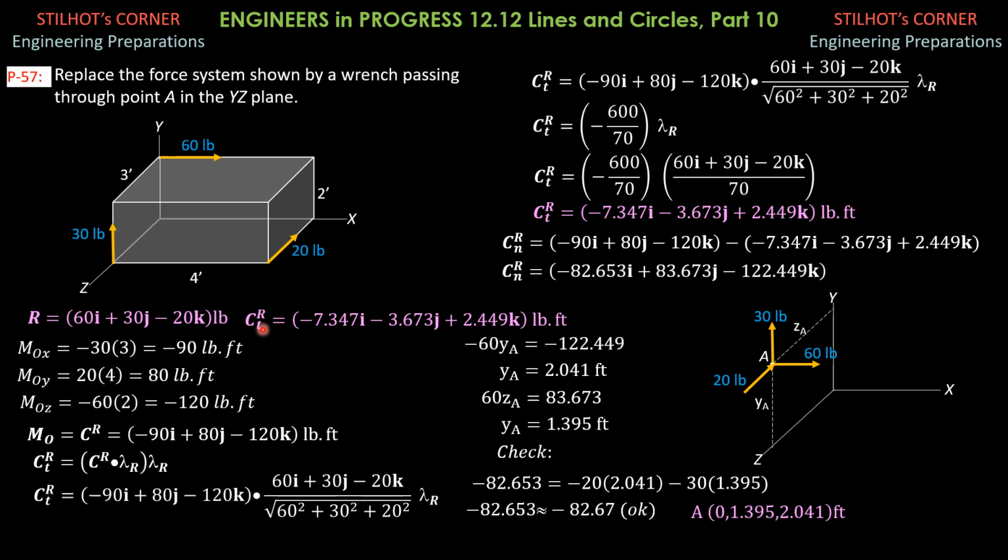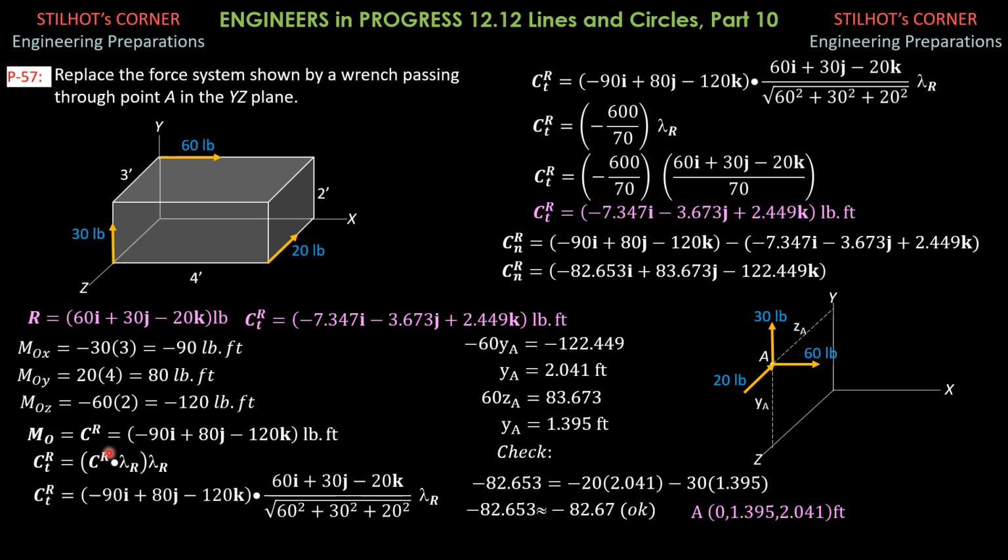We then compute the orthogonal component of the resultant couple in the direction of the force, and that is by dot product. So this is the resultant couple, and we dot it with the unit vector of the force. C sub R dot the unit vector of the resultant is interpreted as the magnitude of the component of the couple in that direction.